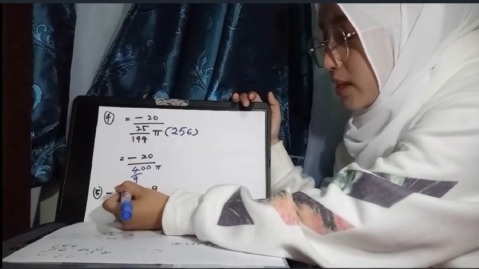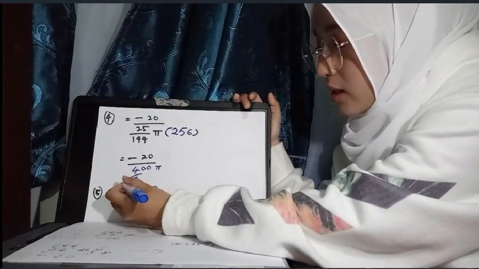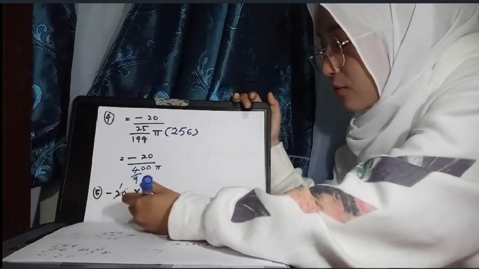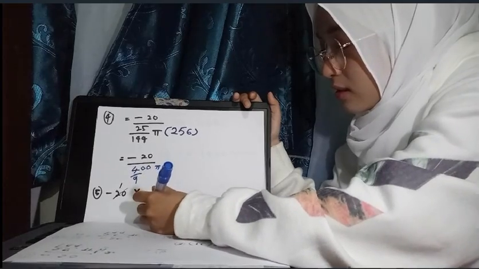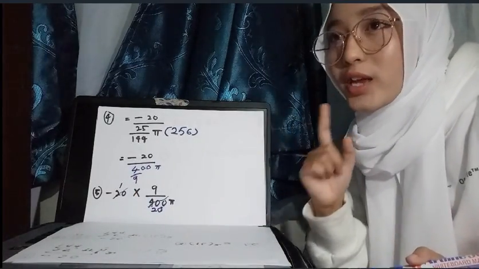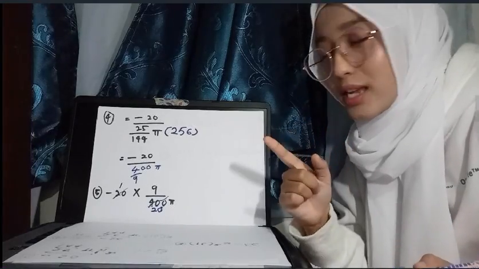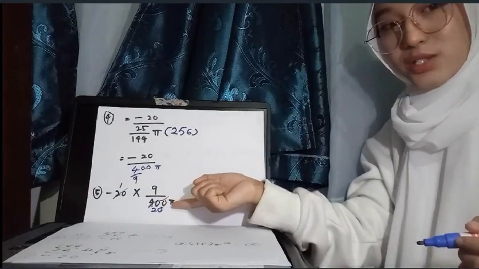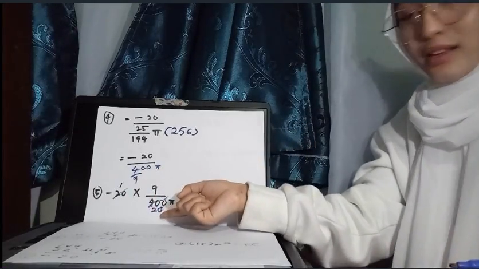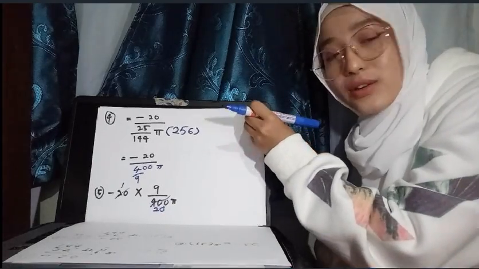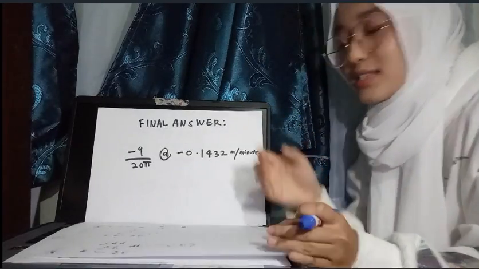What we get is 20, because 20 times 20 gives 400. So at this one we get 20. So the answer is, ta-da!